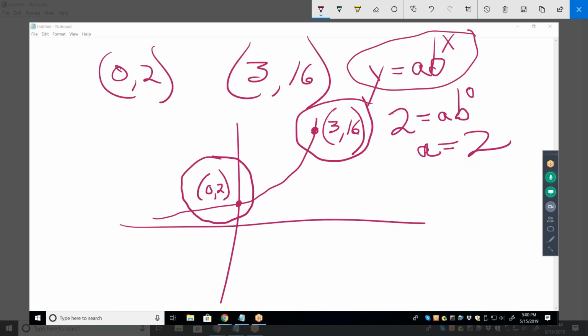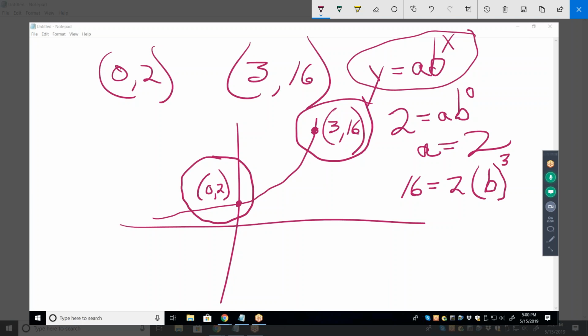So what is y? 16. 16 equals, I've solved for a, so I know that a is 2. Haven't solved for b yet, but I'm going to plug in what for x? 3.